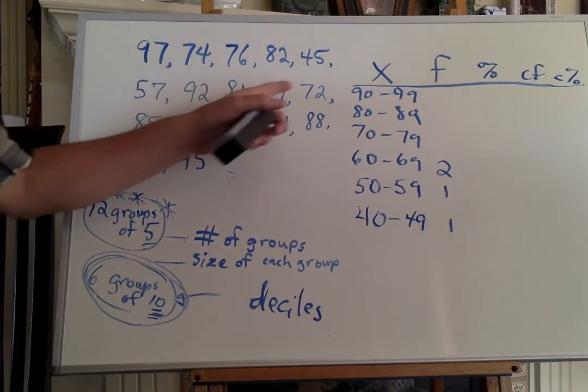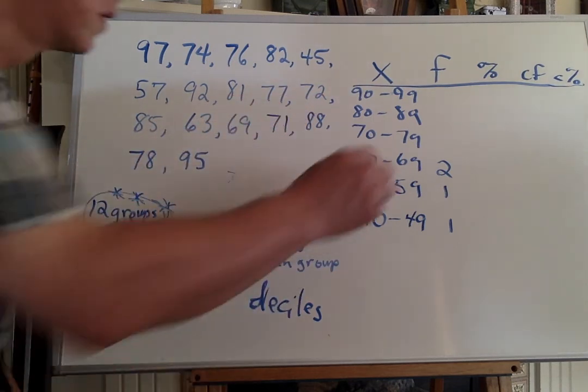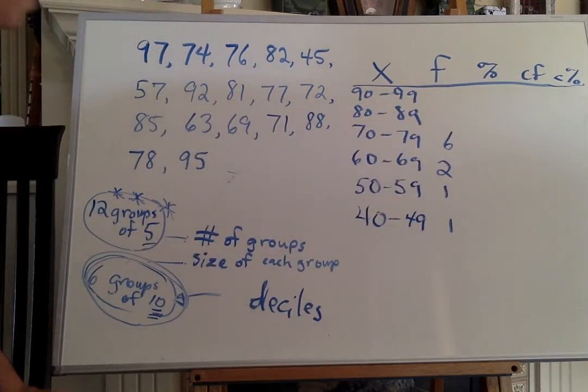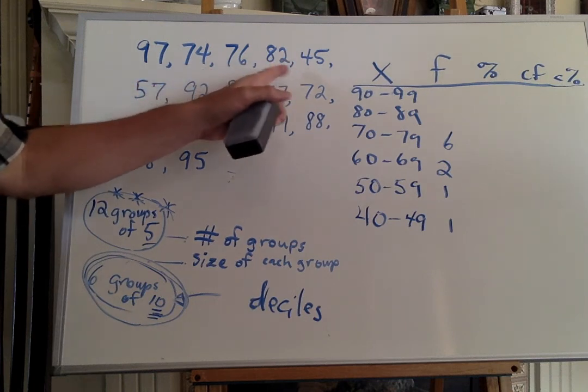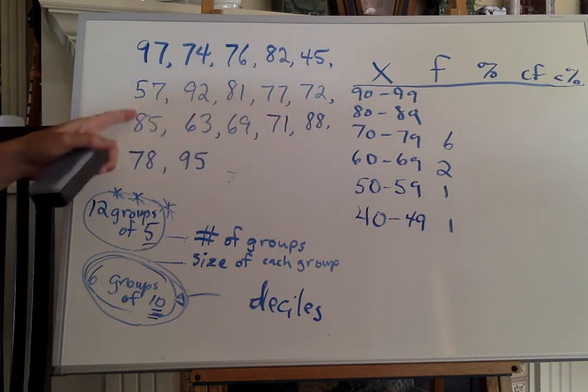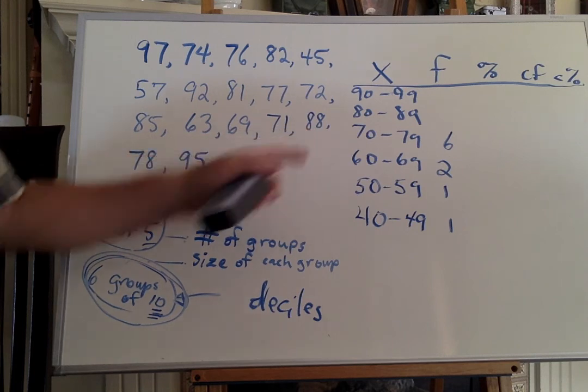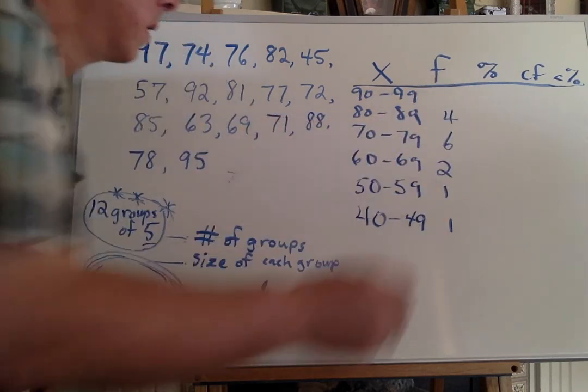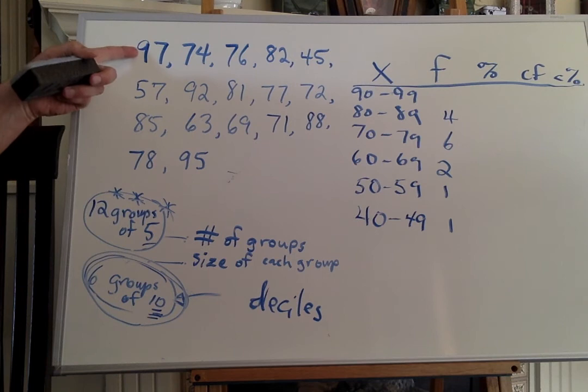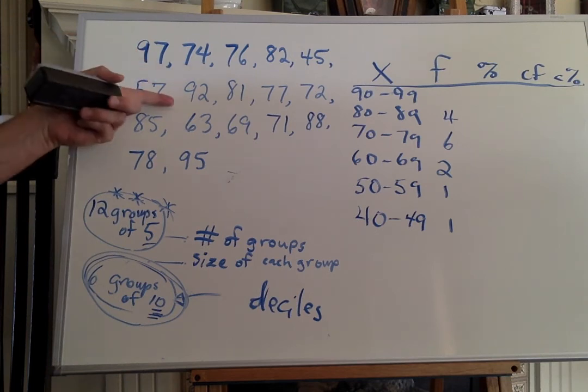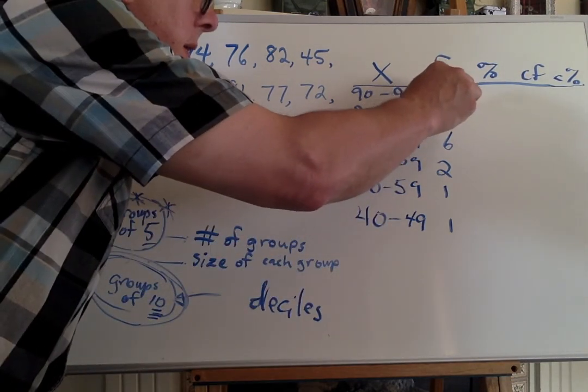1, 2, 3, 4, 5, 6. How many people in the 80s? 1, 2, 3, 4. How many people in the 90s? 1, 2, 3. Okay.